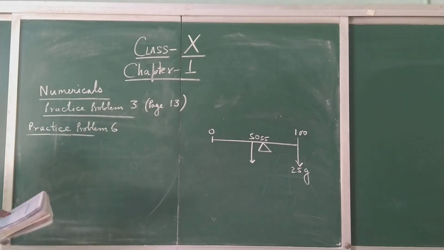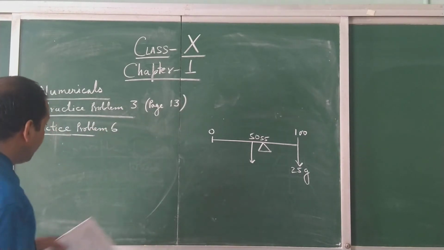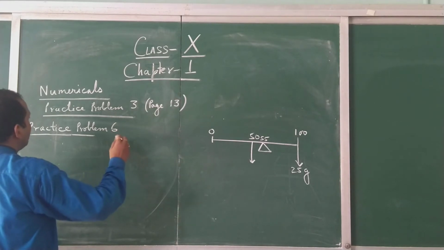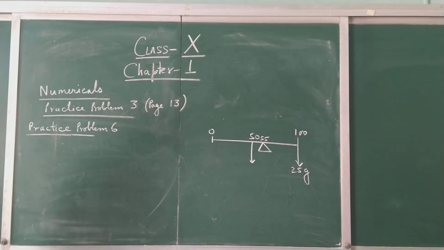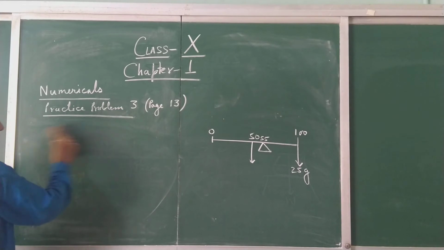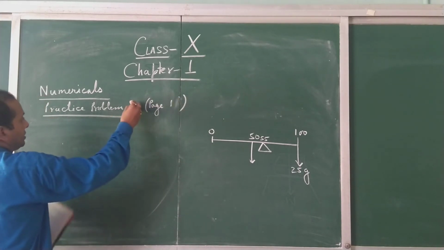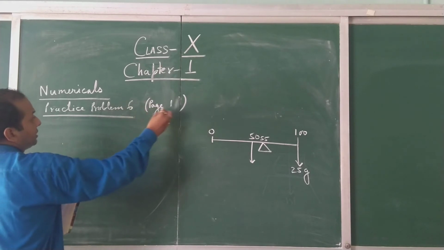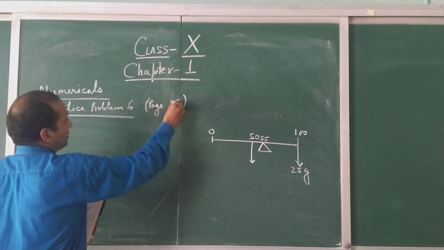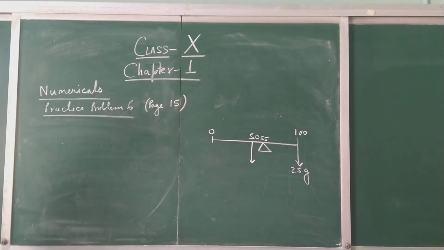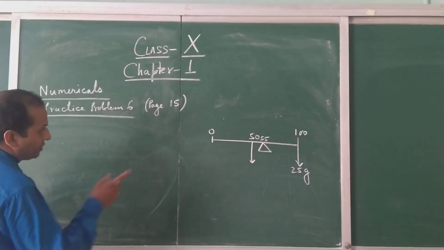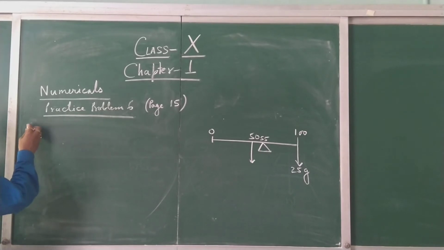In my book, it is given on page number 15. Let's write here, children. Practice problem 6 and page number 15. But first I have to write this. This is question number 3.